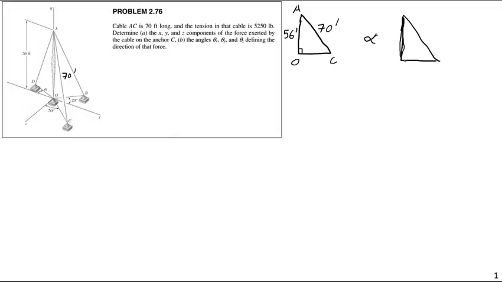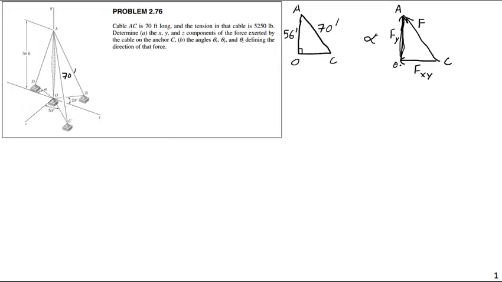Okay, so let's consider these forces. For simplicity, I'll just call this F. Again, it's going to be completely arbitrary what you call these things. I'm going to call this force component F sub y, and this Fxy.